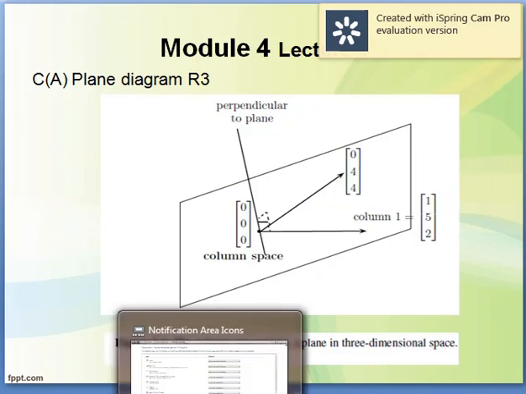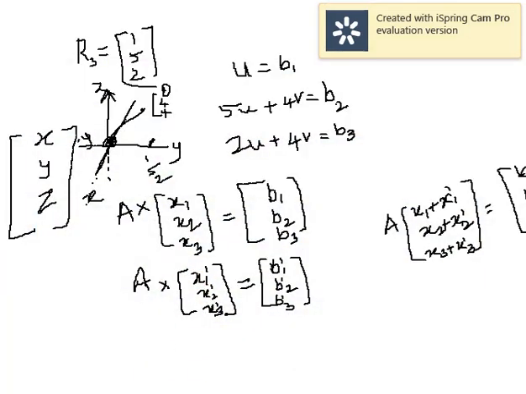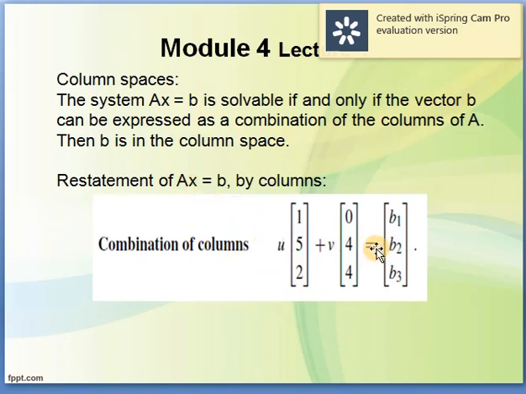Similarly, the other solution can be just a reverse of it. Now u can be 0 and v can be 1. Then in that case, the values of b1, b2, b3 are nothing but these second column values: b1 is 0, b2 is 4 and b3 is 4.